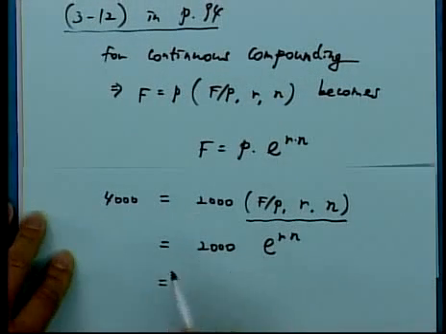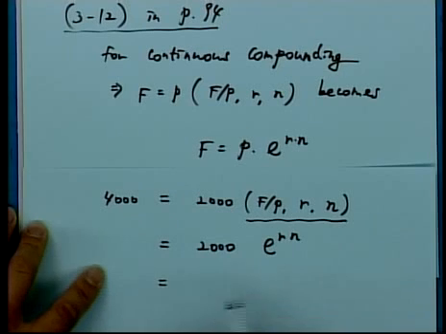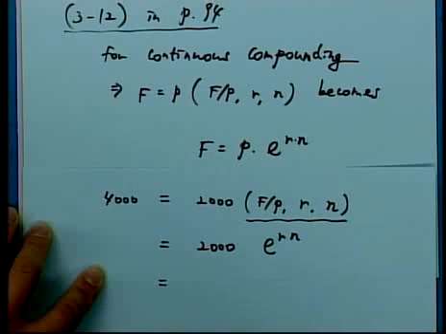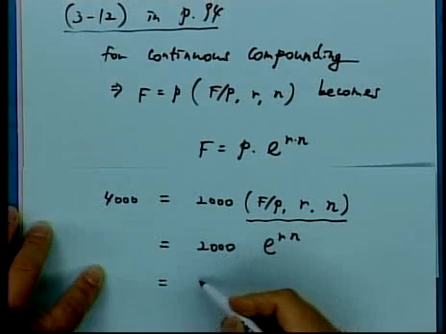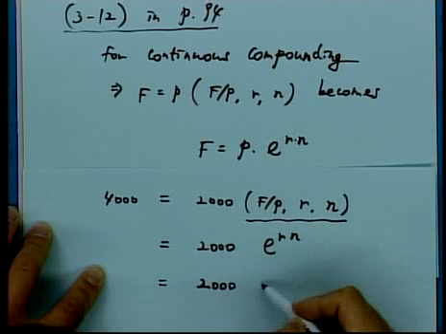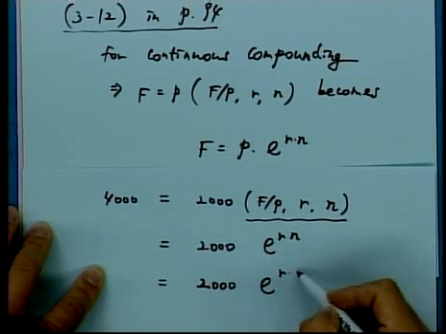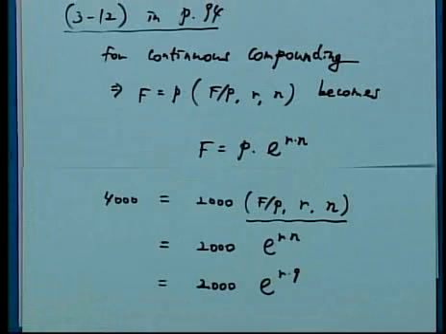And here, the n is 9 years. So 2,000 times e to the power r times 9. Is that right? So you need to solve this equation.